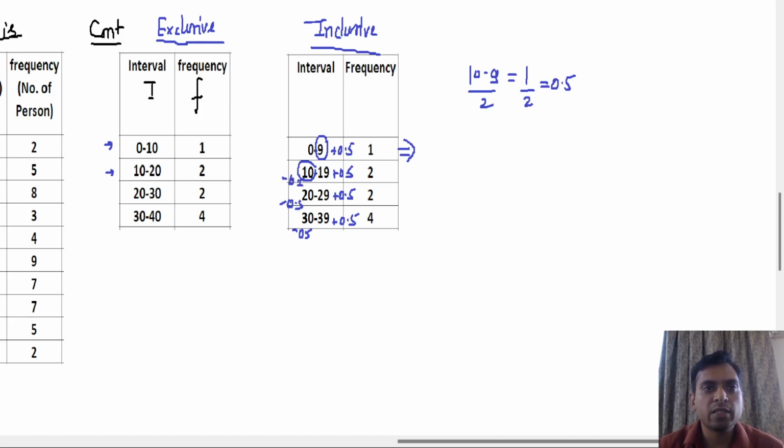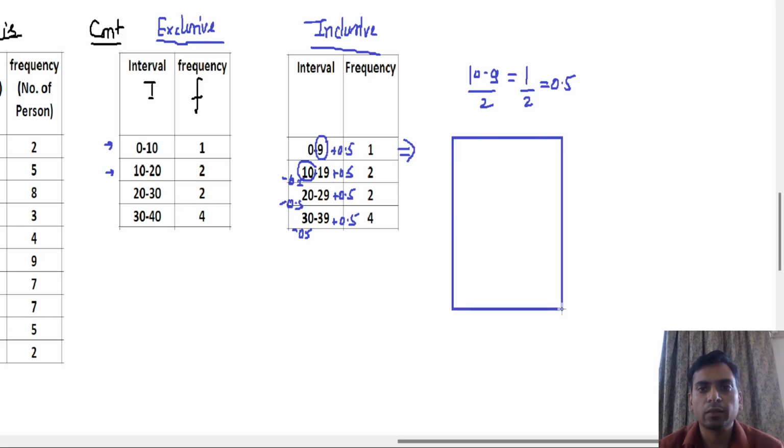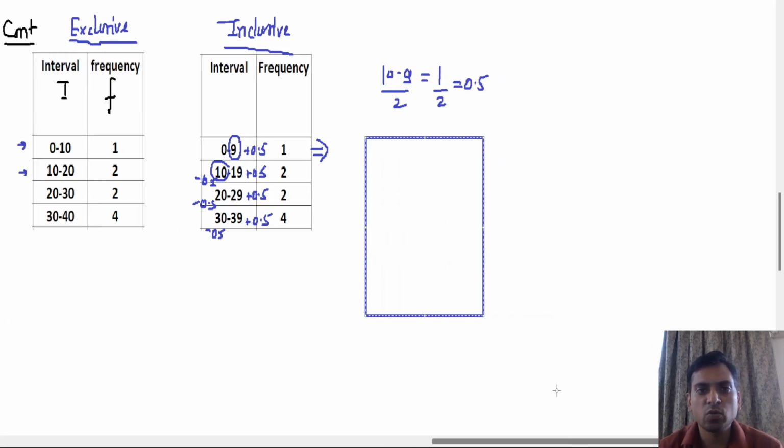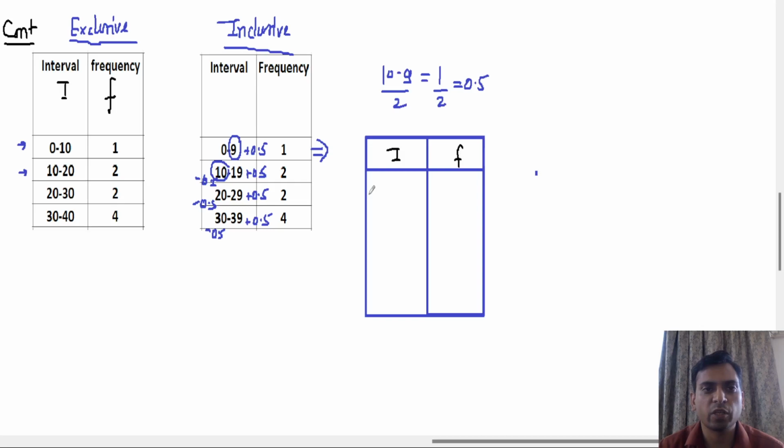So your table is now in the form of exclusive. No change in frequency, changes only in interval. So this is interval, this is frequency, and this is 0 to 9.